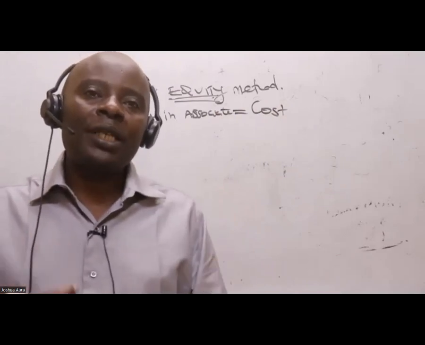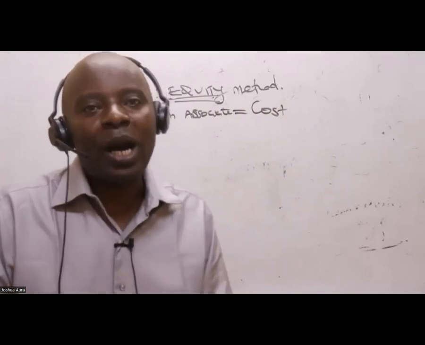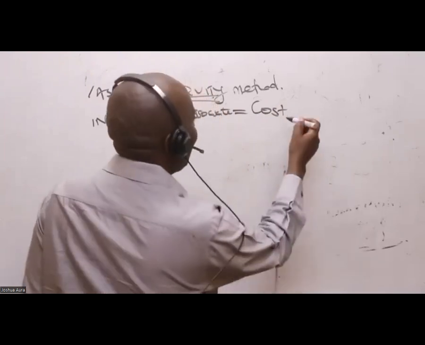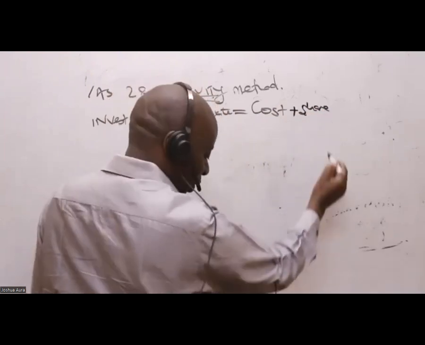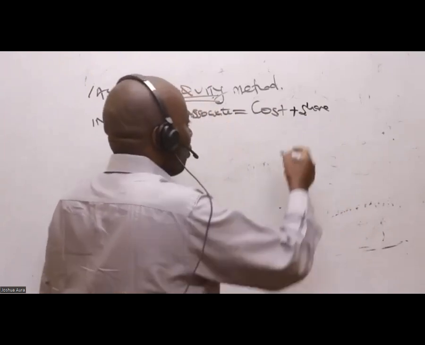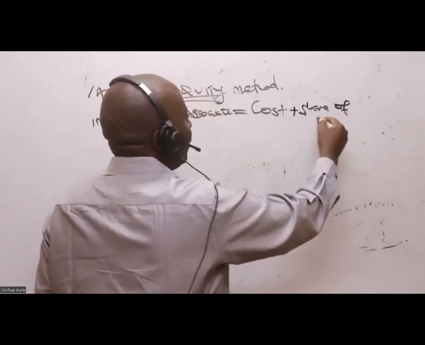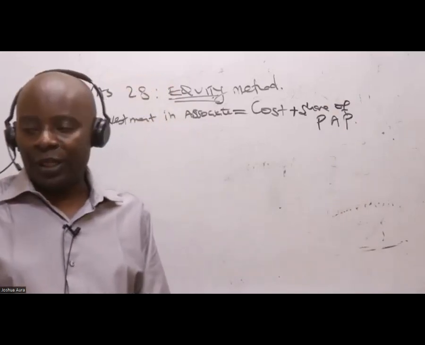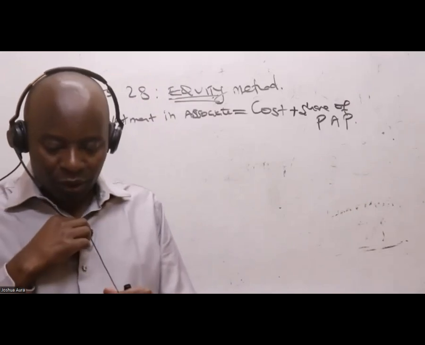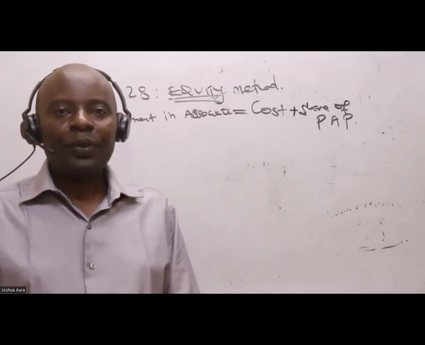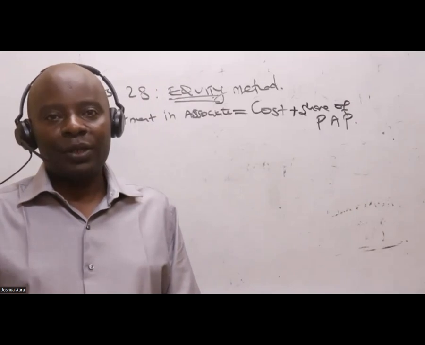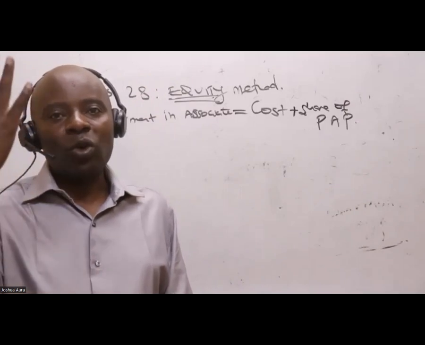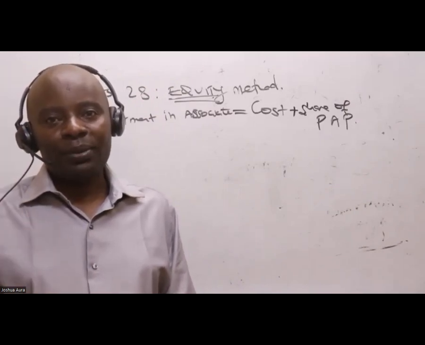So basically, we take the cost plus share of post-acquisition profit, plus any share of post-acquisition profit. The equity method, because, ladies and gentlemen, when your profits increase, your equity goes up.